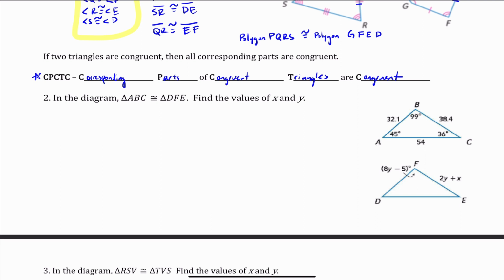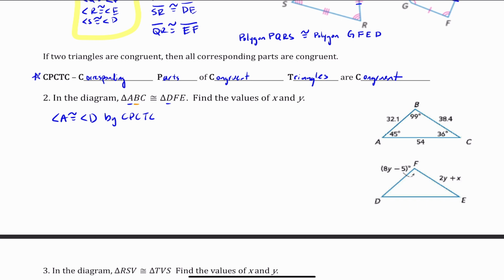So I have these 2 triangles right here. And we say that angle A is congruent to angle D because both of them are the first letter of their own statement, and that's by CPCTC.